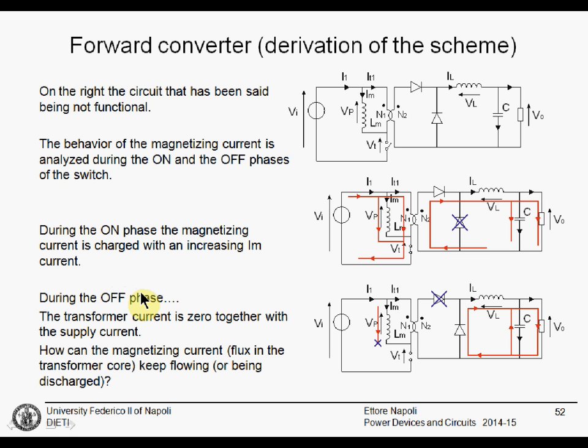During the off phase, the switch is open. In this scheme, we can also understand another interesting aspect. We say that we want to have a very high magnetizing inductance. Here we understand why. Because we can imagine that there are two paths of current in the transformer. The first one is the current that is needed for the load.